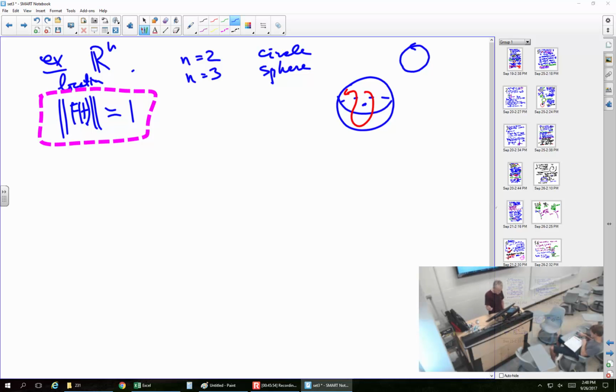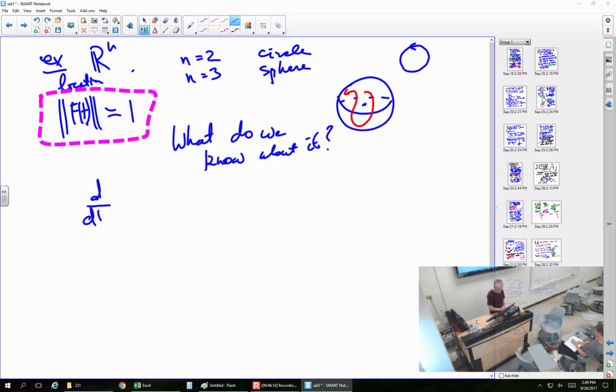So it appears that there is very little we can derive from it, but it turns out that we could. What do we know about it? A very interesting computation is just to look at f prime, the velocity.